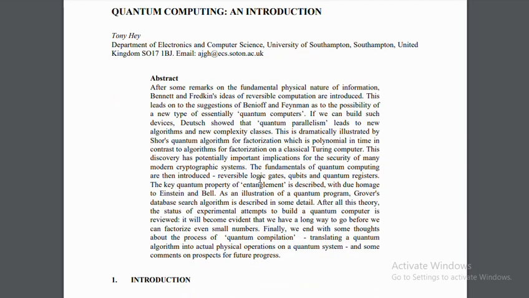So here they have given some remarks, like after some remarks on the fundamental physical nature of information, Bennett and Fredkin's ideas of reversible computation are introduced. Meaning they have introduced the process of reversible computation.